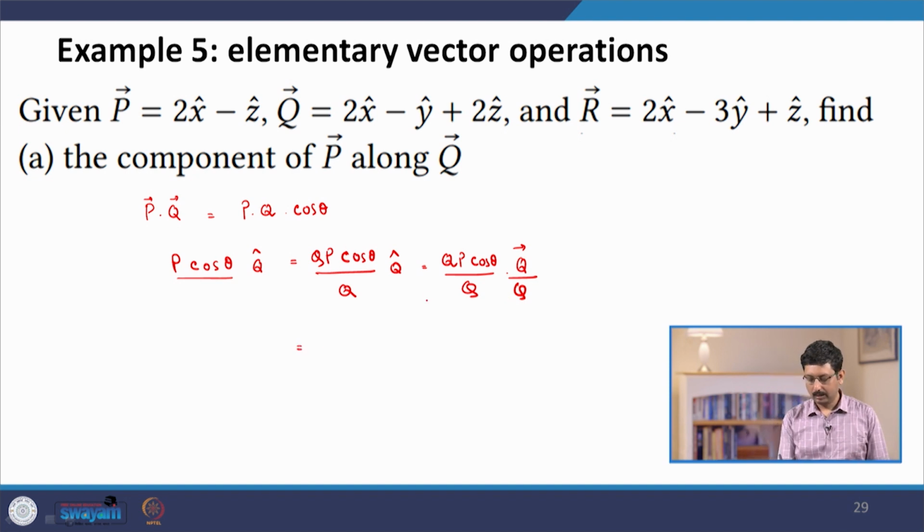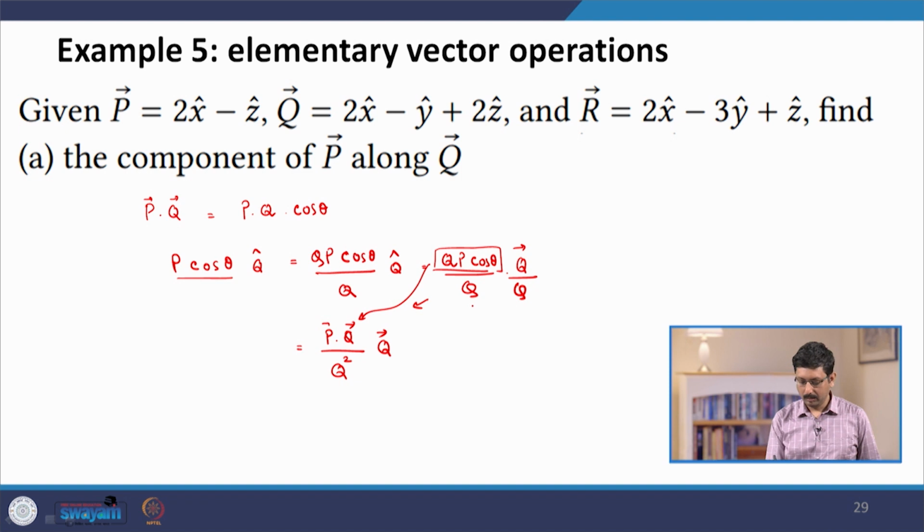Then I can combine them as p dot q divided by q square times q. This part gives you p dot q, these two combined together give you q square, and this q is this q. So, what is p dot q? We have to calculate these pieces.